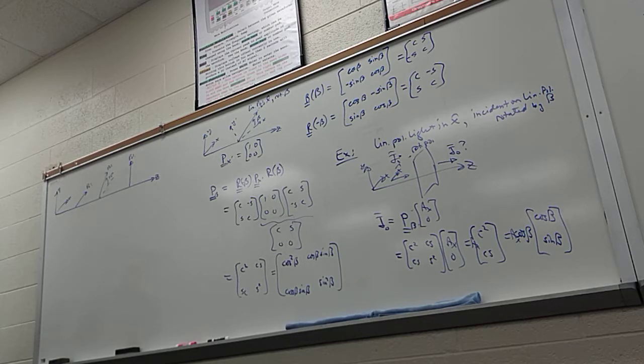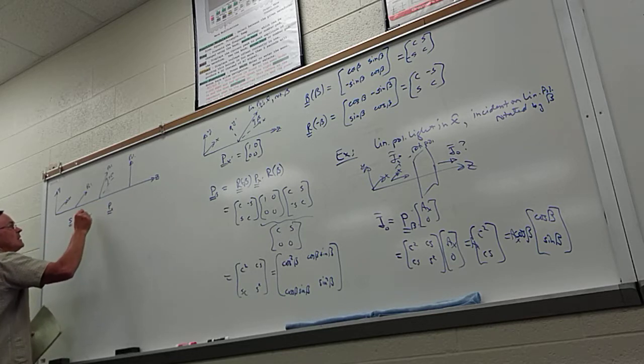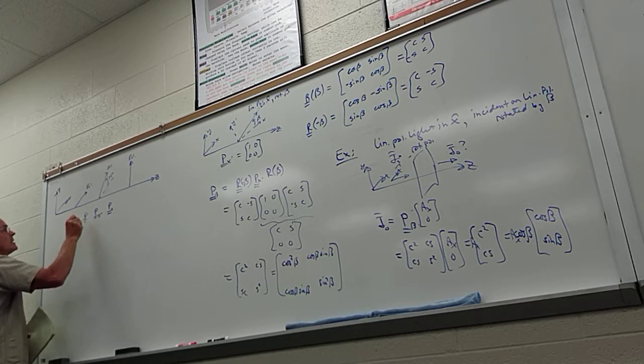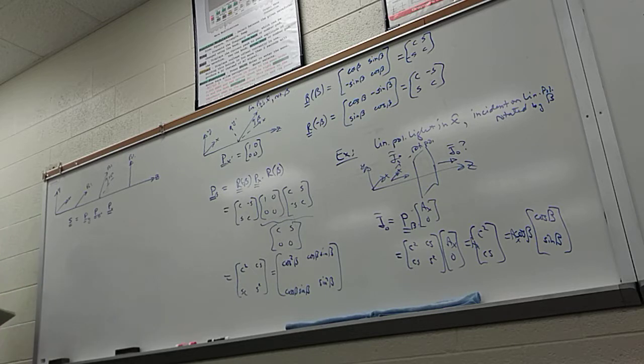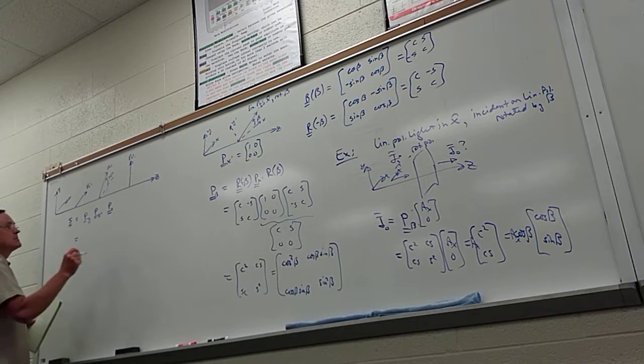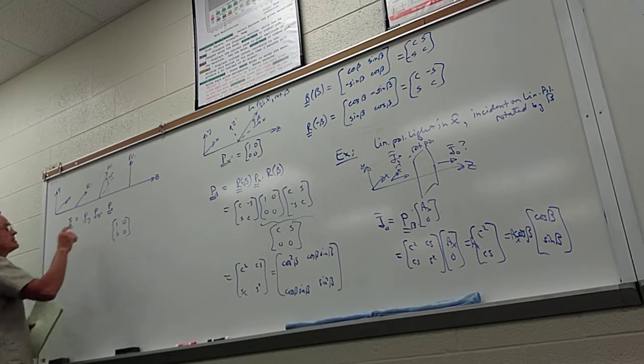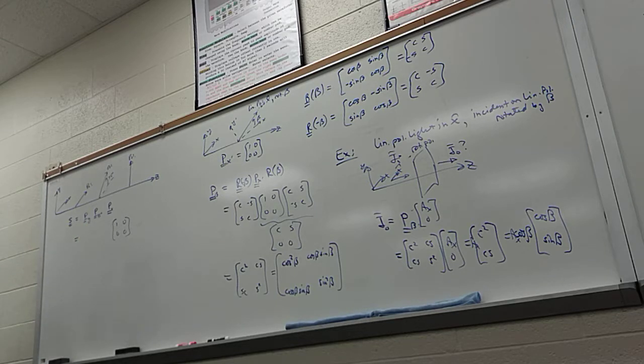Okay? And so let's write the system matrix. That's going to be a polarizer in the x direction, a polarizer at 45 degrees, and a polarizer in the y direction. So polarizer in the x direction, that's 1, 0, 0, 0. Polarizer at 45 degrees, well, cosine of 45 degrees is 1 over root 2.